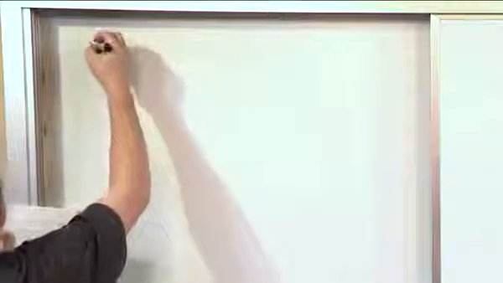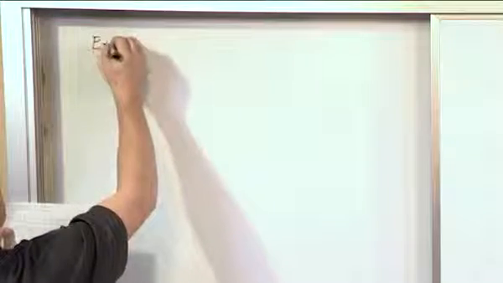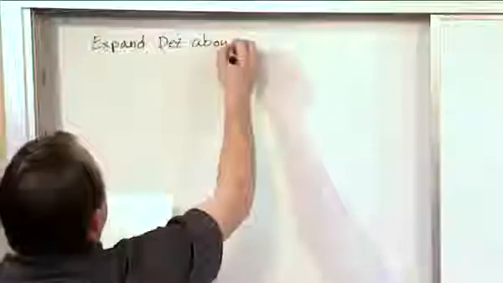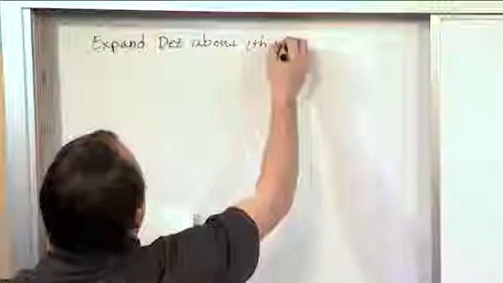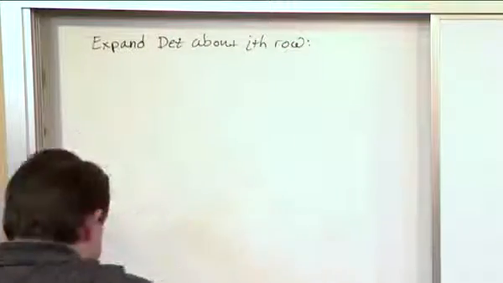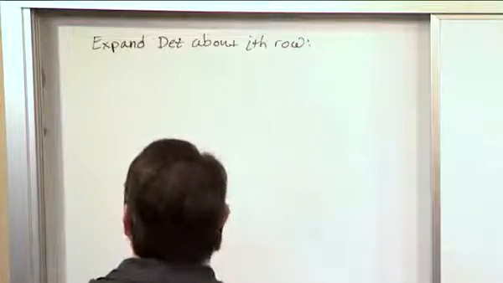You should by this time know how to calculate the cofactors. We've done that before. So let's say we're going to expand, it's what is usually called expanding the determinant about the ith row. About the ith row, or through the ith row, however you want to write that.